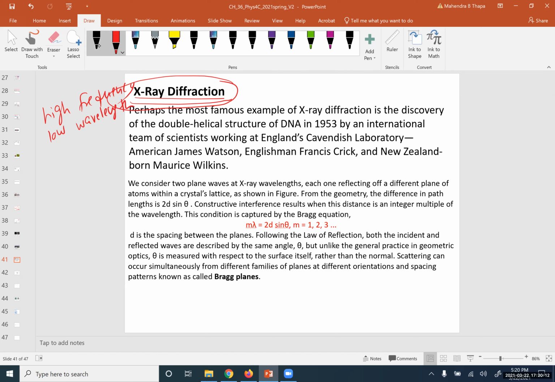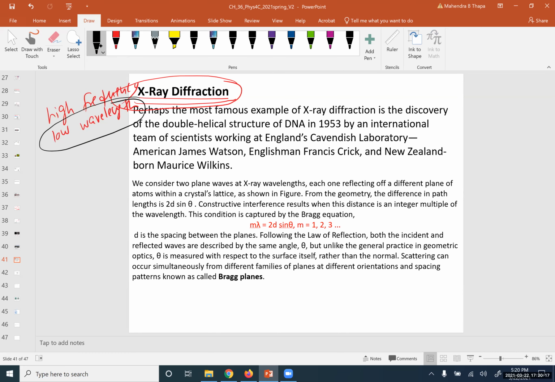One important feature is that this wavelength is comparable with the distance between atoms, the distance between two planes. So basically we are talking about atomic planes. That's the reason we are using X-rays.